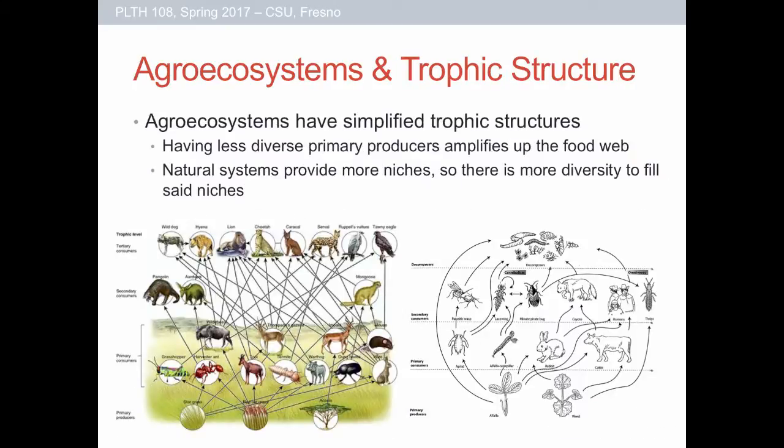As I mentioned before, agroecosystems have much more simplified trophic structures. So generally, by having fewer primary producers, we basically are only allowing certain herbivores, certain carnivores to come into the system. And so just to give you a basic comparison, here's that alfalfa agroecosystem we talked about earlier.